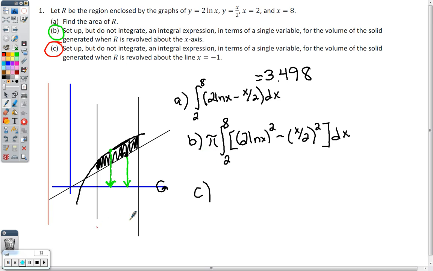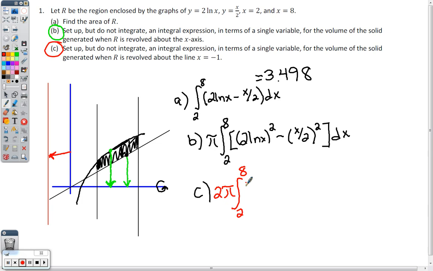So when we're using shells, we're going to say 2 pi, still integrating in x, so our bounds are still in x. And then we have 2 pieces for shells. We have our radius, and our radius goes from the y-axis to the line, right?